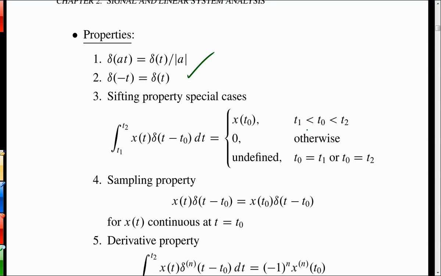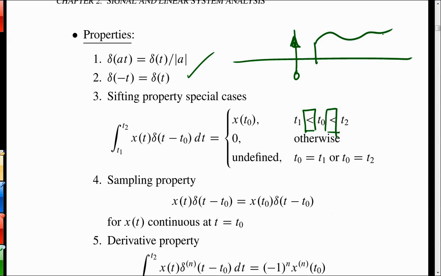And you also notice that these things are strict inequalities. The reason for that is if the delta function was sitting right here at 0, let's say, and you were integrating something over it, well, if the delta function was right at the end of the interval that you were integrating over, say from 0 up to 1, and you're trying to use the sifting property on that, you kind of have a little bit of a problem.